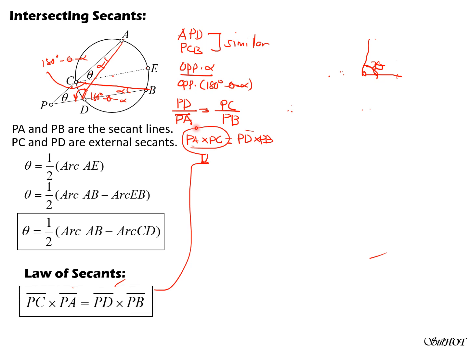So that's the interpretation. To prove it, we draw these chords AD and CD. And I'll call the measure of this angle alpha. This is already given theta. So this angle here is 180 degrees minus theta minus alpha.